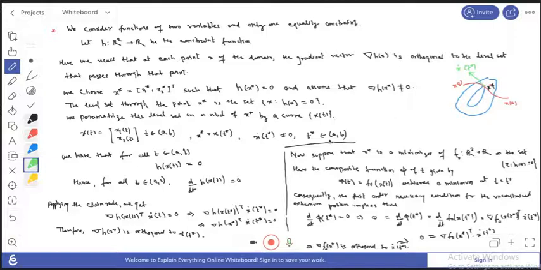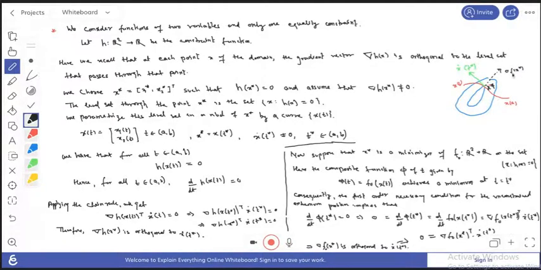Here, the gradient of f at x star is orthogonal to this vector. Here you take the gradient of f at x star.